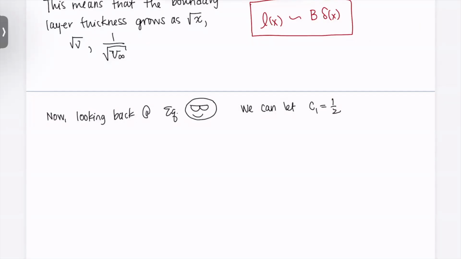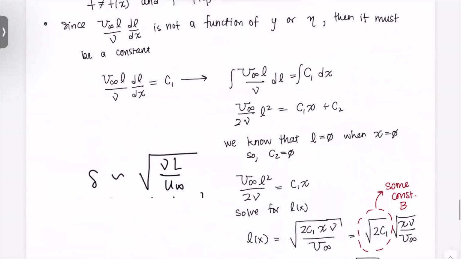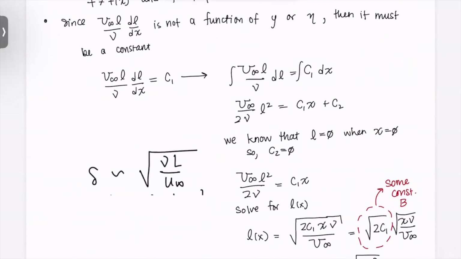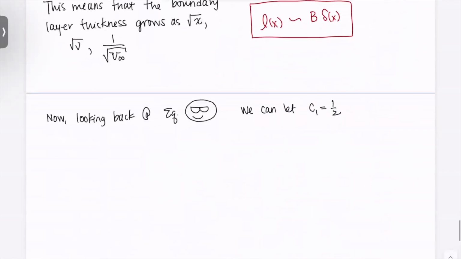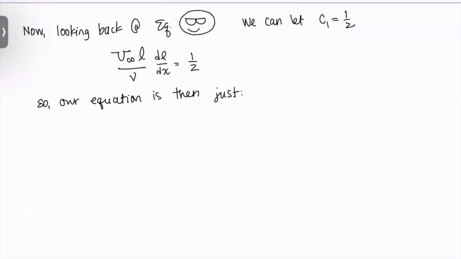So essentially we are letting U infinity times L over nu dL/dx equal 1/2. So our equation is then just the following: f triple prime plus 1/2 f times f double prime is equal to 0.